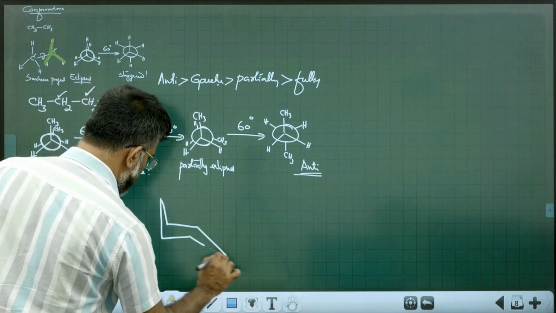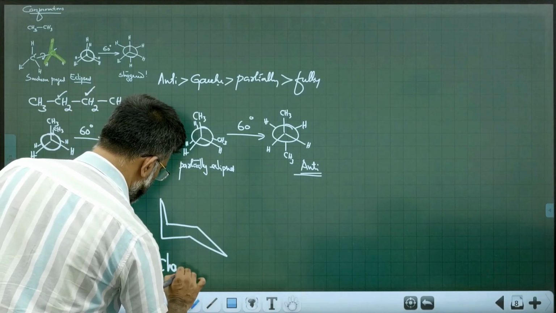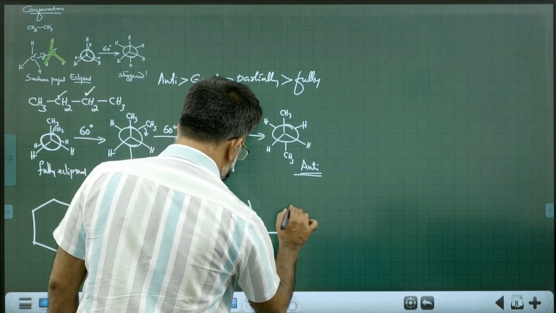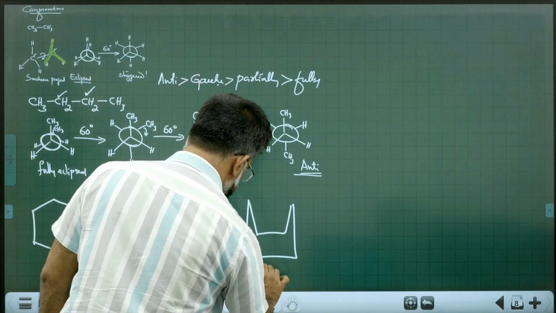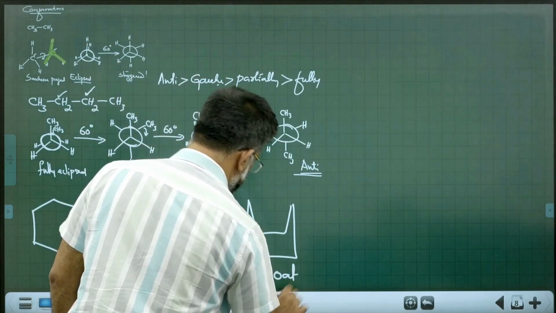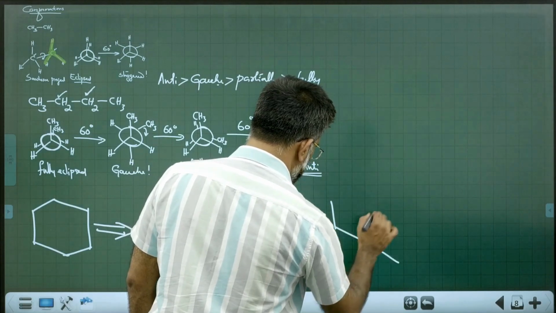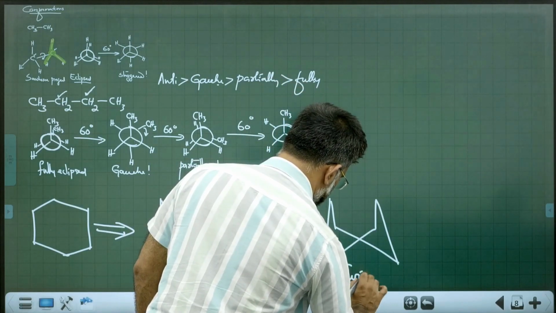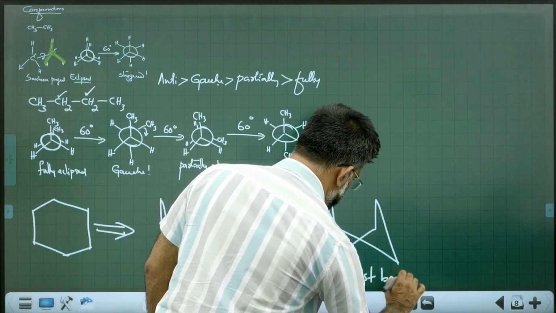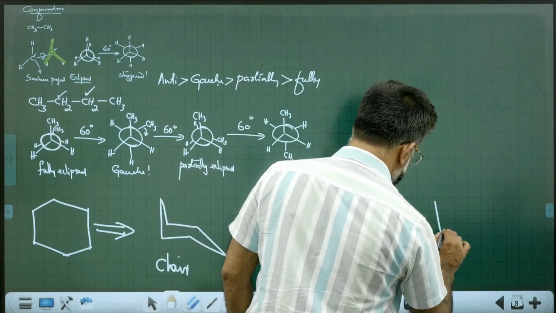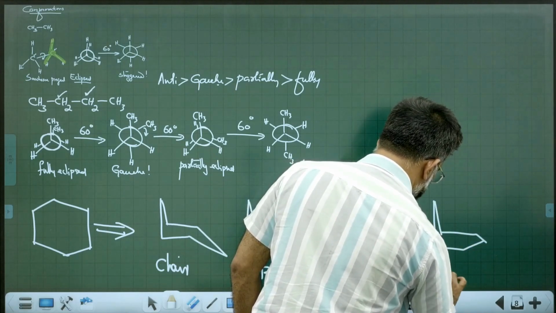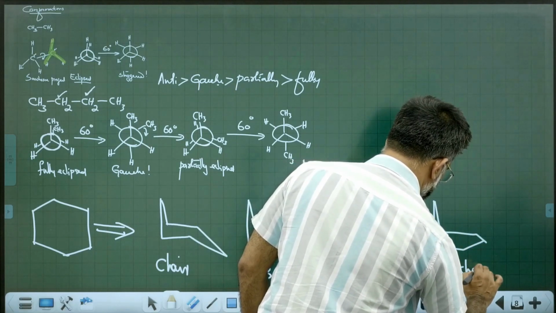It is called a chair conformation. One conformation seems to be like this. We call it boat conformation. One conformation seems to be like this. We call it twist boat conformation. And one conformation seems to be like this. We call it half chair conformation.